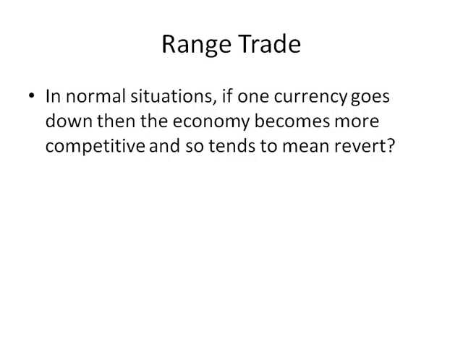And so then those economies with the lower currencies, with the lower exchange rates, tend to get a boost from that. And so their economy turns around and you kind of mean revert. That's the typical situation. We're not talking about extreme moves here, but that's going on in the background.